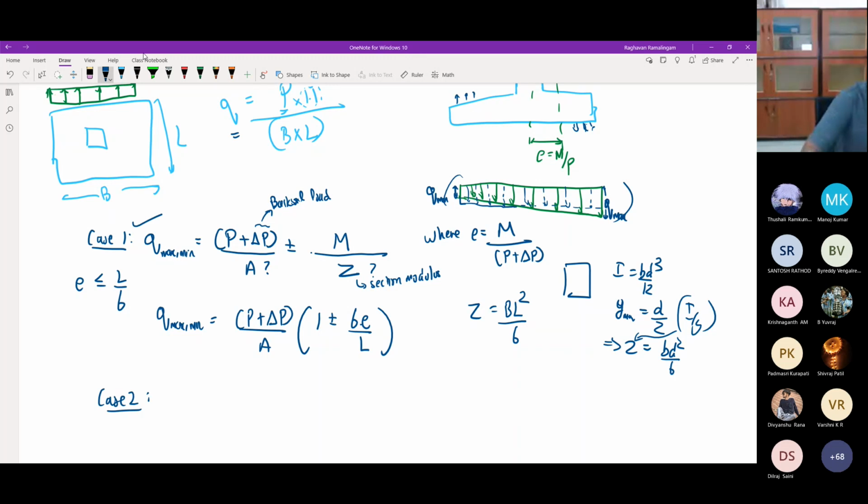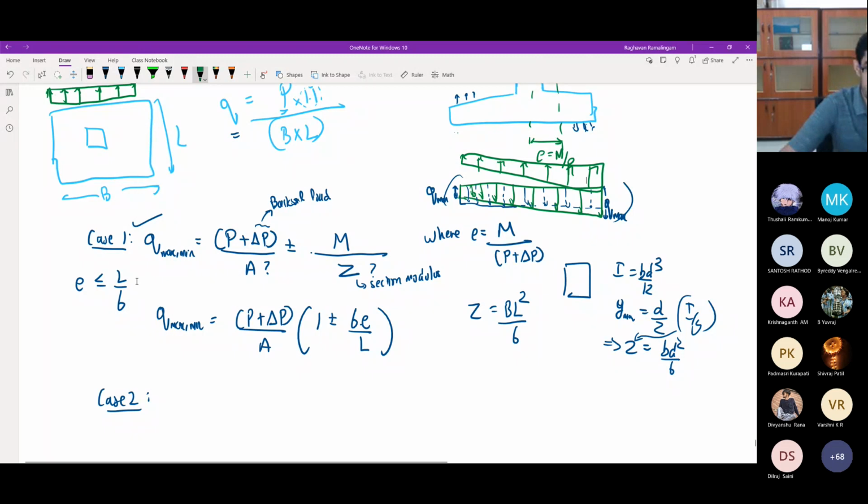We want E always to be lesser than or equal to L by 6, in which case we will have all the soil pressures acting in the same direction. So all the soil pressure will be acting as a pressure on the particular slab.